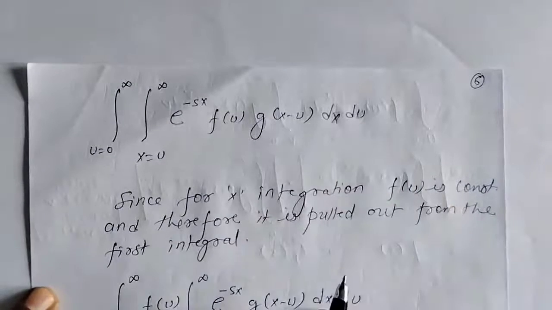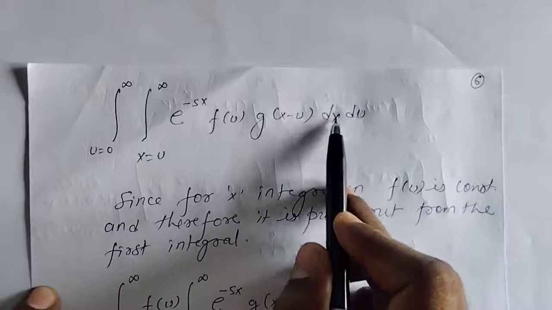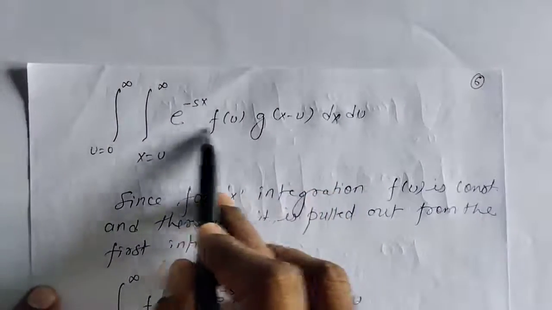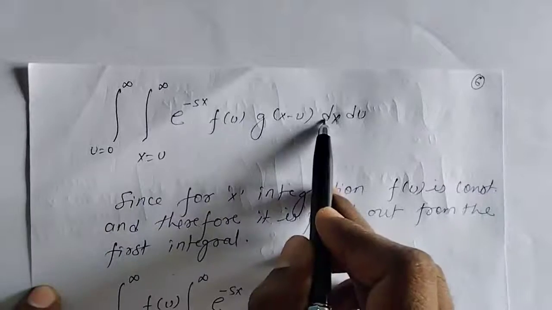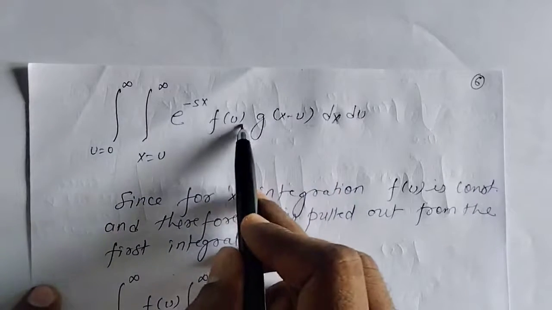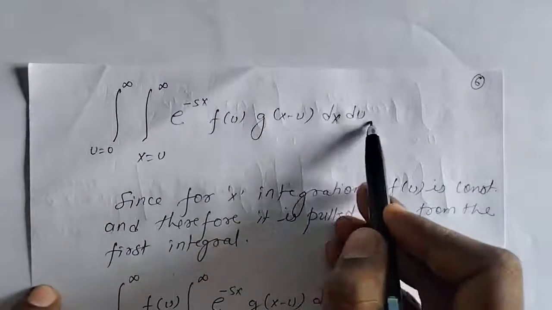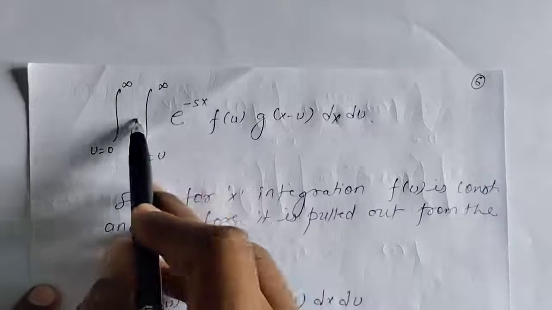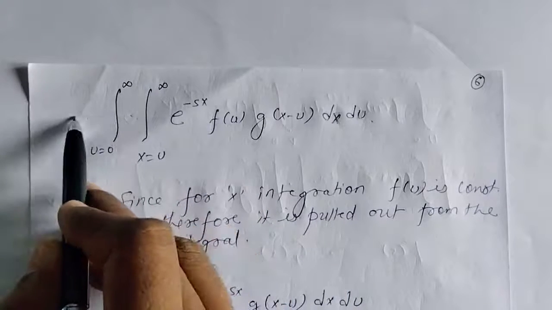Now you see, first we will integrate with respect to x, right? So this is our integrand. For this x integral, f(u) is nothing but a constant. For this x, u is a constant because x and u are independent variables. So f(u) can be taken out of the first integration, but it cannot be taken out of the second integration.